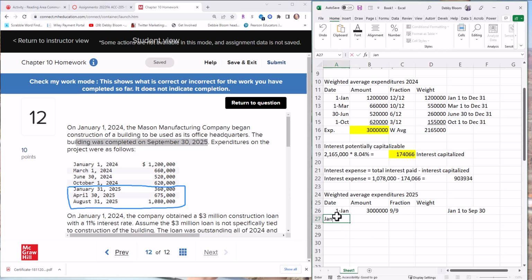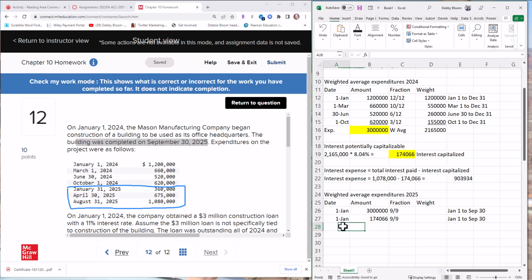Then our second expenditure on January 1st is the capitalized interest. We know the number is correct, 174,066. So since that was spent on January 1st, we count the months from January 1st to September 30th. And that, just like before, is 9/9.